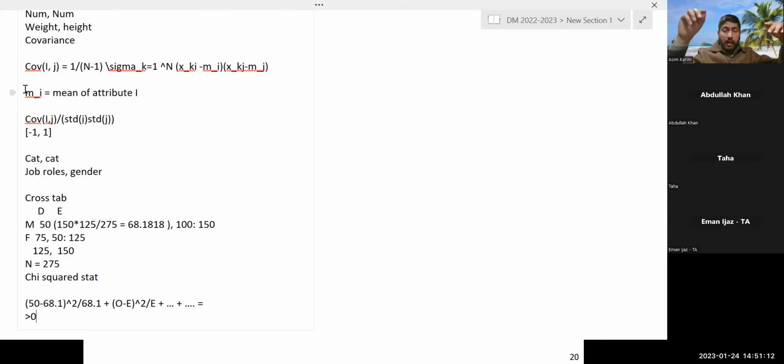So in other words, our new data set which is independent means that it has 150 times 125 observations. उसको 275 से डिवाइड किया, तो ये हमारे पास expected value आ गई for this cell. ऑलराइट सर, थैंक यू। ठीक है.